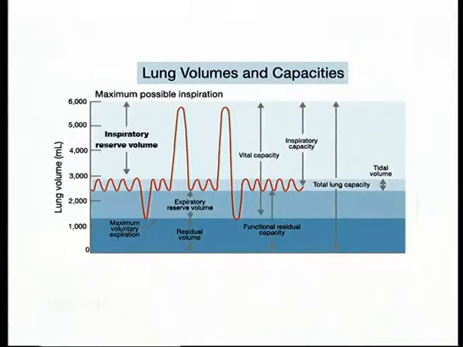The third one is IRV, inspiratory reserve volume. It is the volume of air inhaled by a person forcefully during deep inspiration. The tidal volume of 500 ml is not included in this IRV.